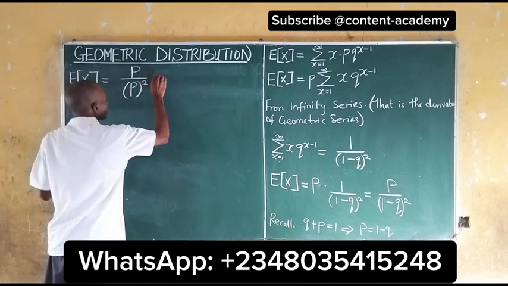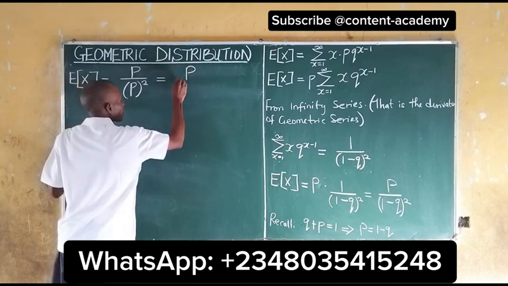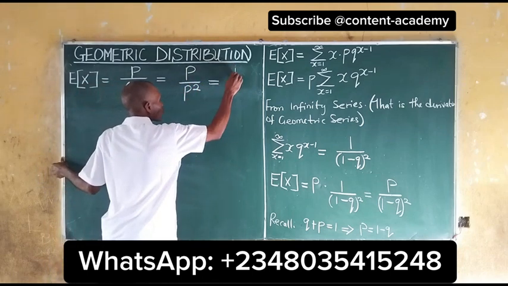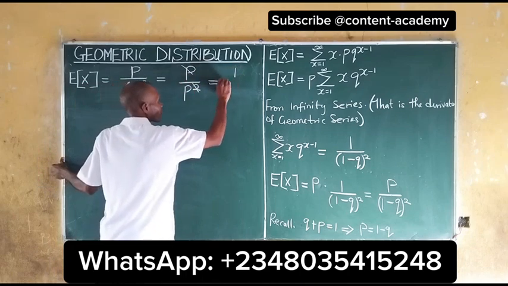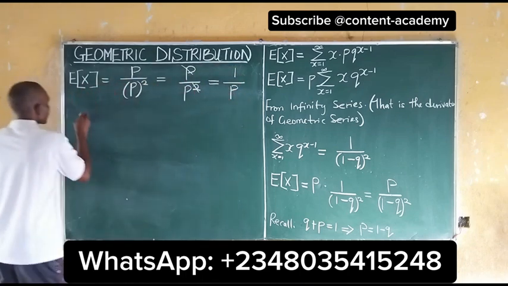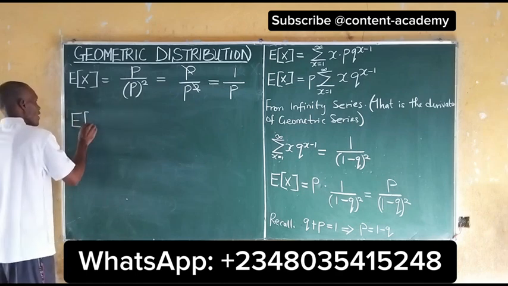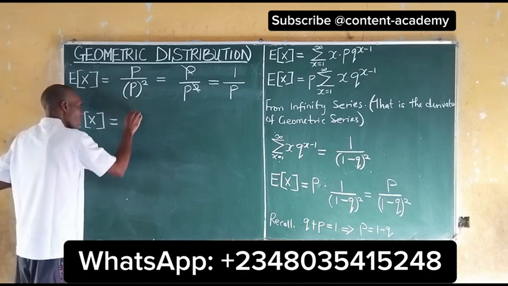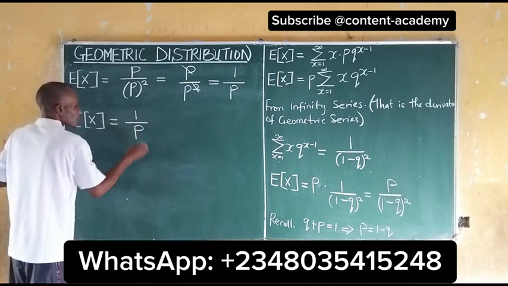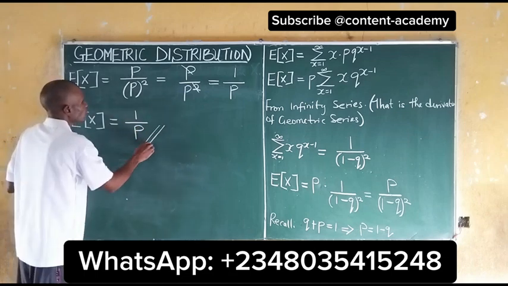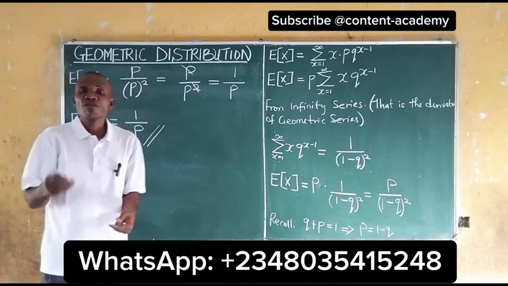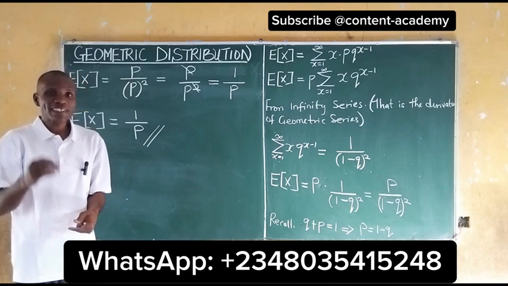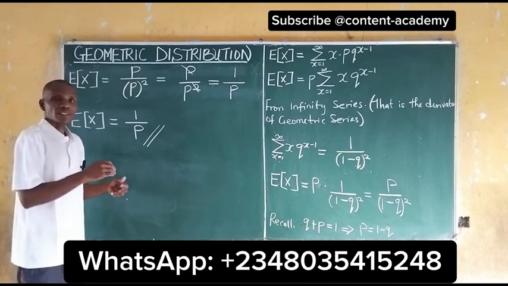It's also equal to 1 all over p, because this p will cancel one of the p's. It then means that our expected value of X is 1 all over p. So this is simply how to compute the expectation for the geometric distribution of a discrete random variable of the first kind.